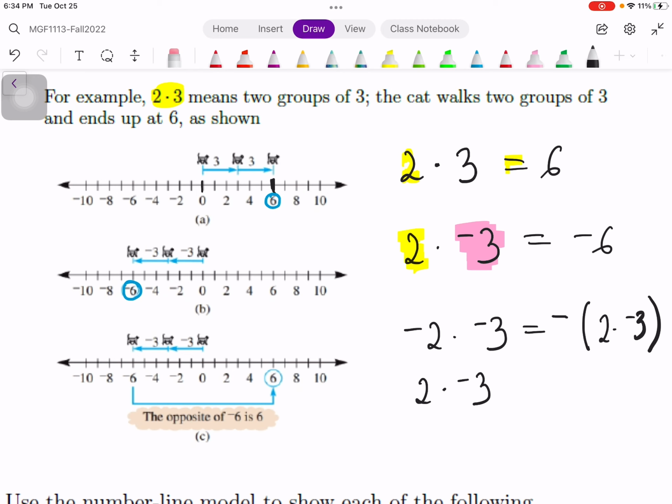So basically, you do 2 times -3, which means the cat moves twice 3 backwards, right? So it ends up at -6.